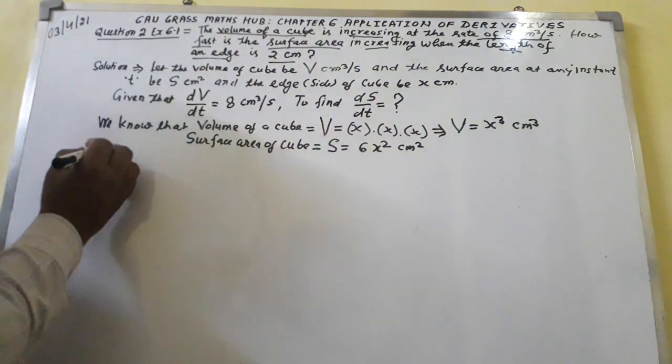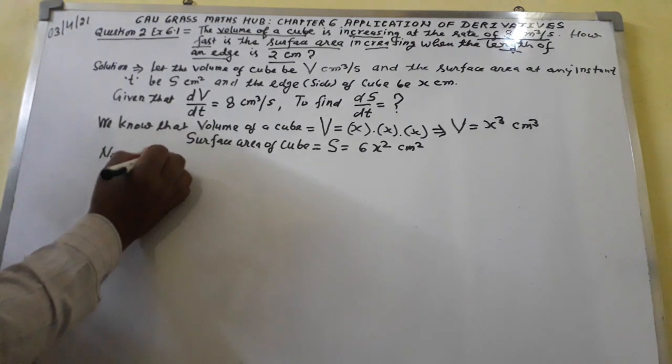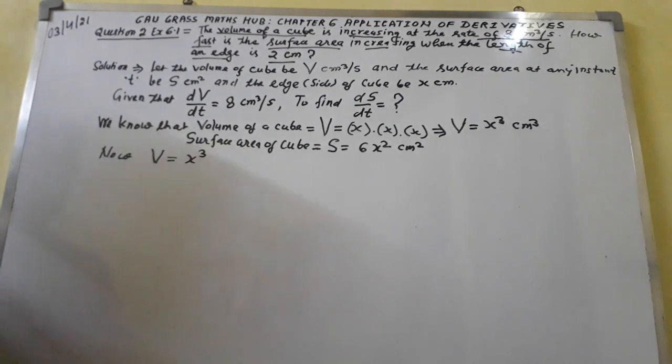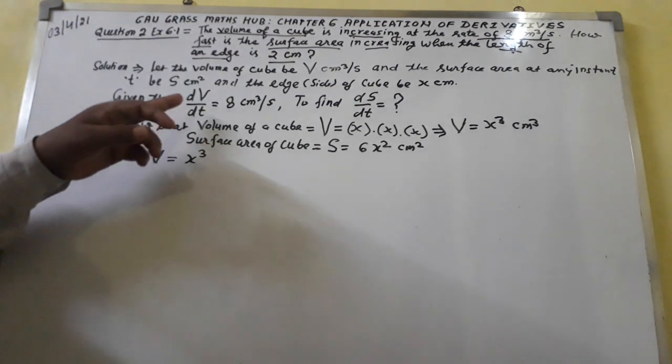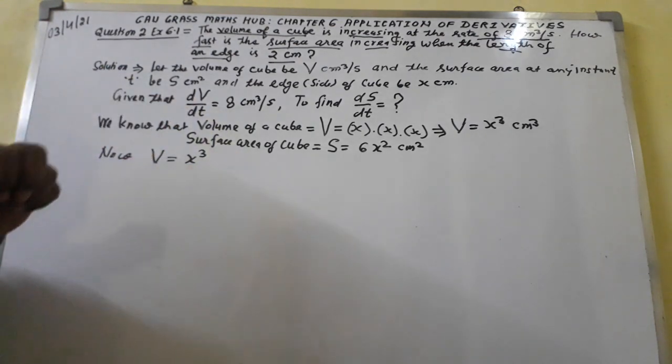Now capital V is equal to x cube, and we have to find dV over dt.